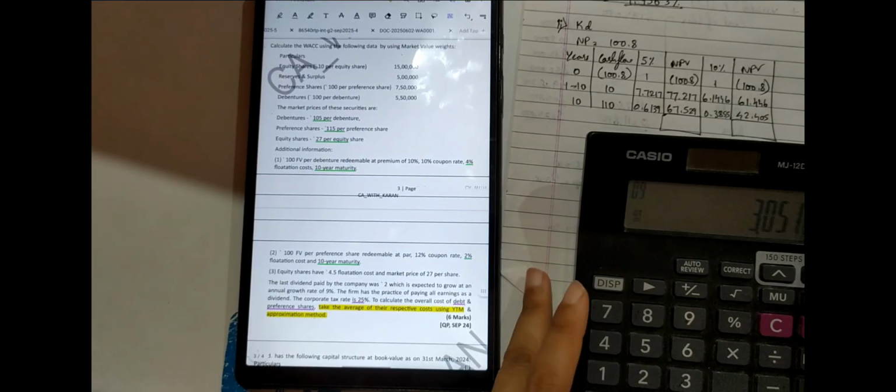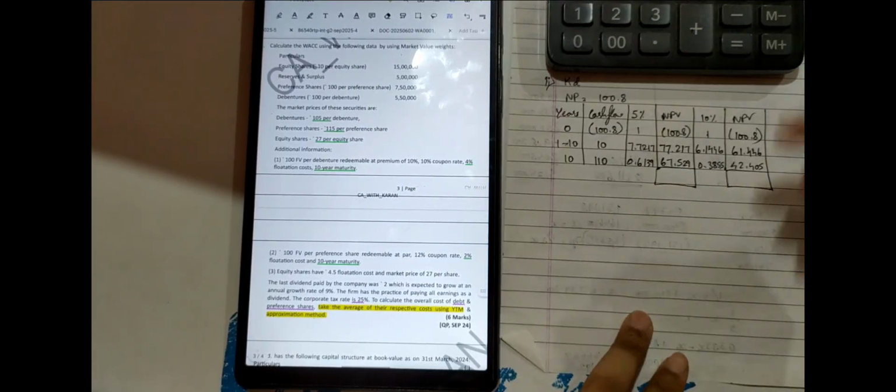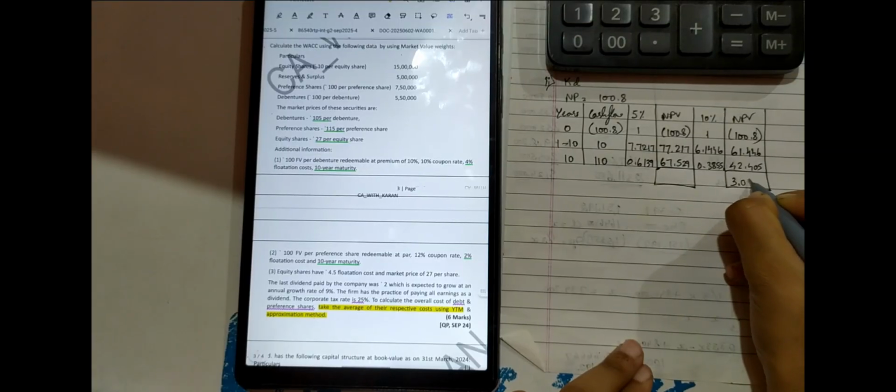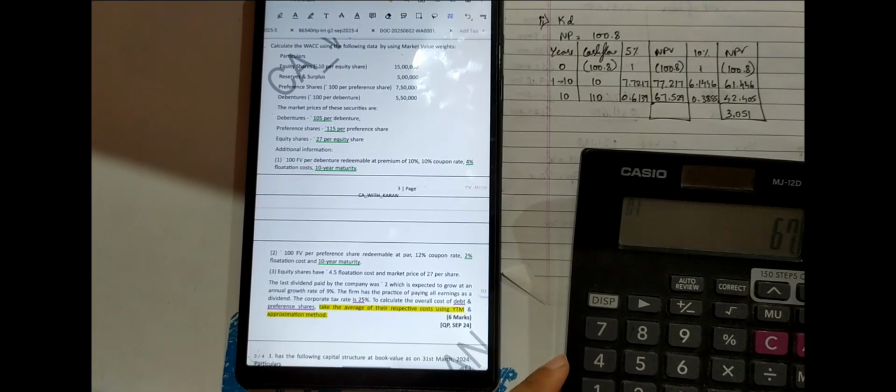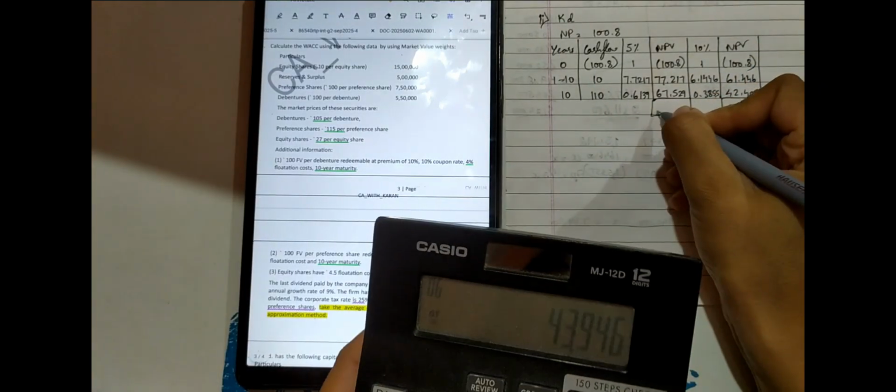So this is 3.051, and then 67.529 plus 77.217 minus 100.8. So this is 43.946.